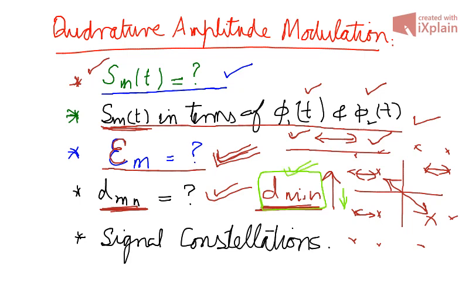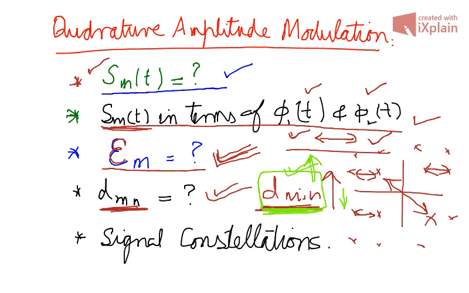Simply put, it reduces the errors in data. If you transmit some bits or some data from the transmitter, then at the receiving end a signal constellation with greater minimum Euclidean distance would experience fewer errors as compared to a signal constellation which has a lower minimum Euclidean distance.